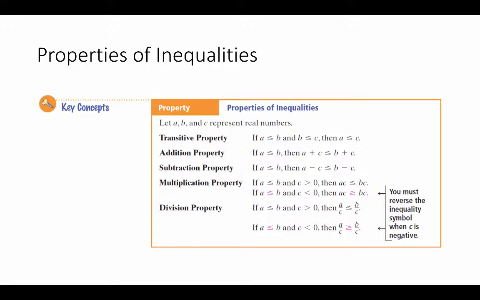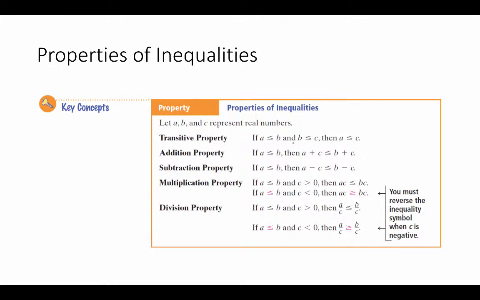The property of equality and the property of inequalities are pretty much the same except for the multiplication property and the division property. Anytime you multiply by a negative number on both sides of the inequality, you are supposed to switch the sign of the inequality.